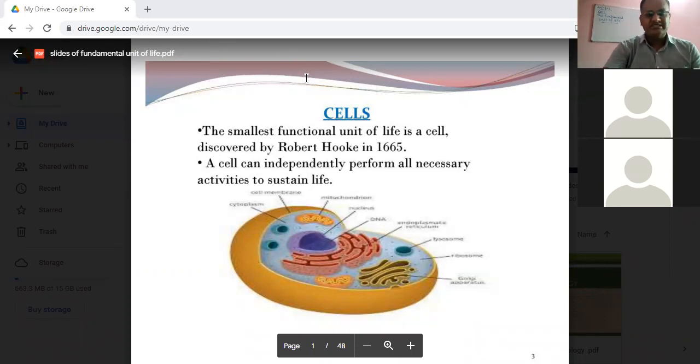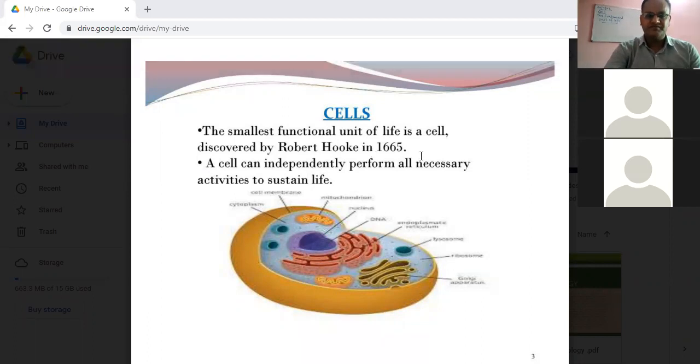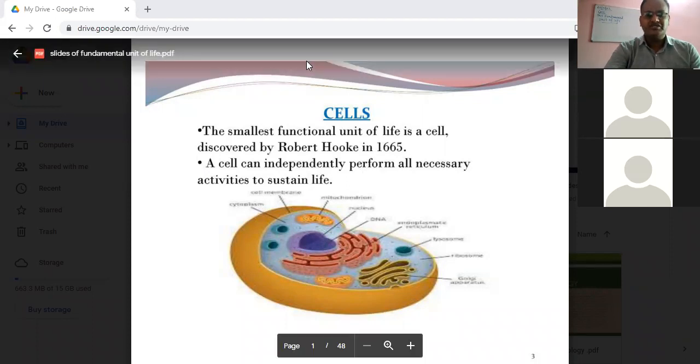Now, the cell was discovered by Robert Hooke in 1665, and a cell can independently perform all necessary activities to sustain life. Okay, Shripati, you can unmute yourself.